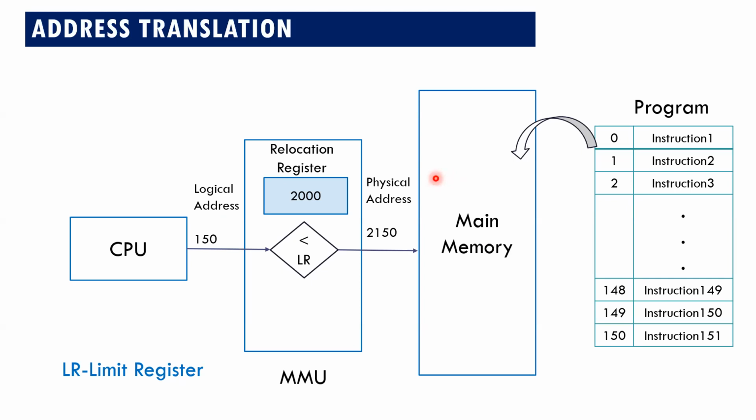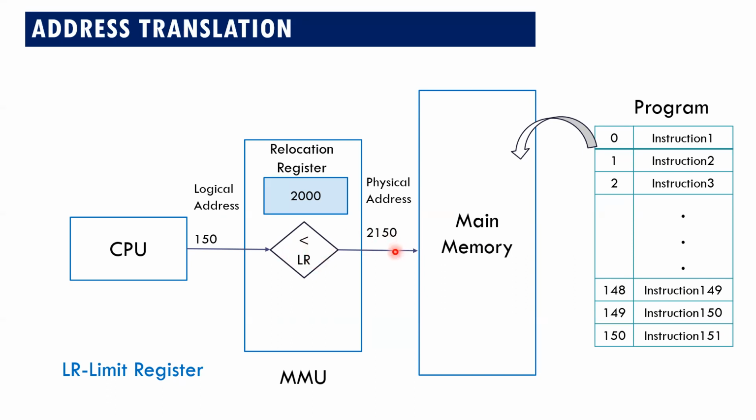That means from address 2000 in the main memory, the program instructions are stored. So the logical address 150 has to be converted into the physical address by simply adding the value of the logical address to the relocation register. In that case, the physical address now becomes 2150.